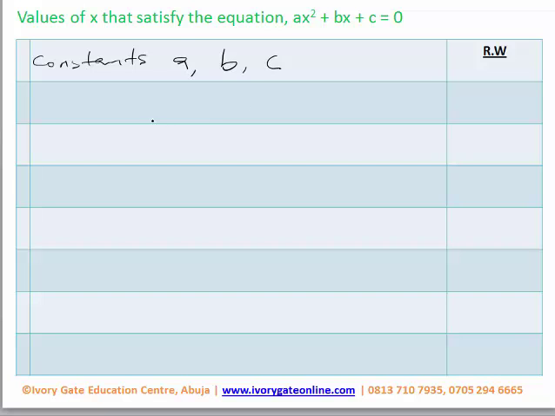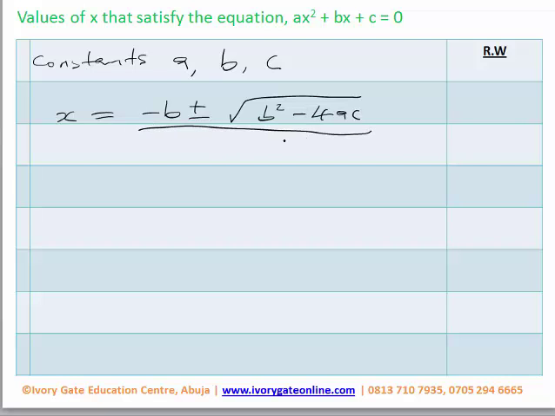But we have this relation that x is equal to minus b plus or minus square root of b squared minus 4ac, all over 2a. Okay, so this is the formula that we derived last time using completing the square method.